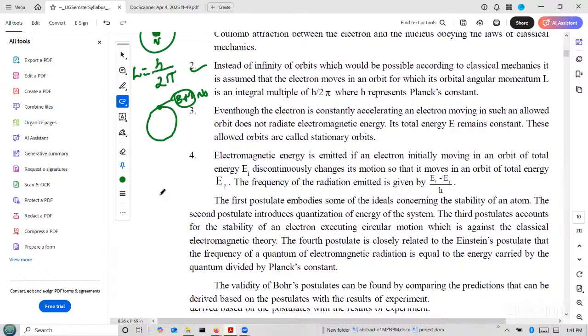Those orbits are called stationary orbits. Here, energy remains constant. Orbits are stable. So this is the ground state.